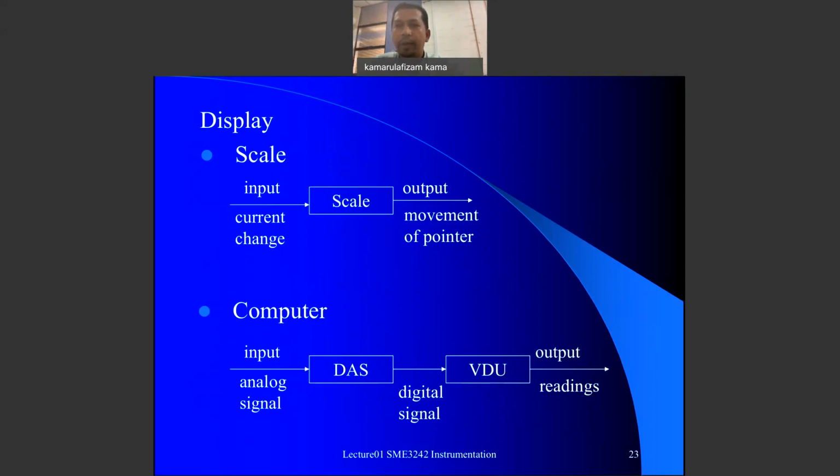For example, here I have the wind speed sensor. I have the sensor here, I have the transducer, I have the signal conditioning system, A to D, and of course, I will have more or less the digital reading there. If I blow into the sensor, you can see the reading is given out in digital form. So this is a good example of a system of instrumentation. Okay.